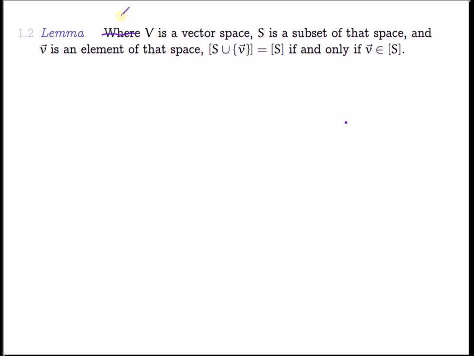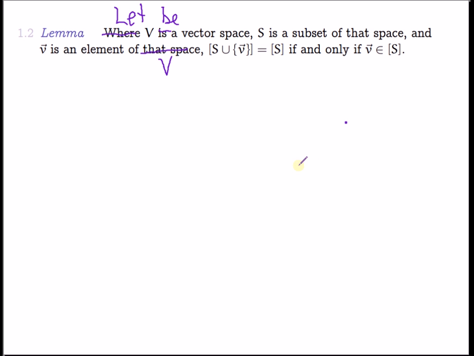Let V be a vector space, and S is a subset of that space, and v is an element of big V. Then the span of S union the vector v is equal to the span of S if and only if v is in the span of S.